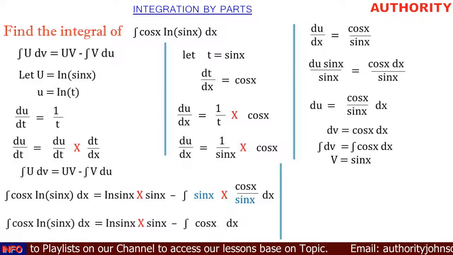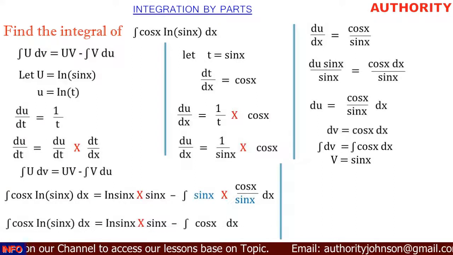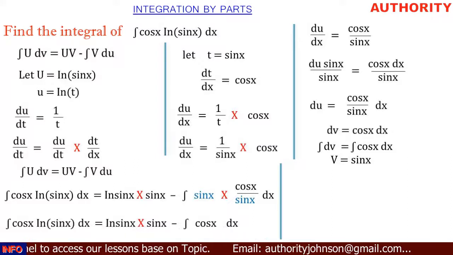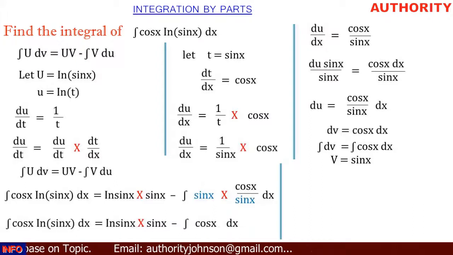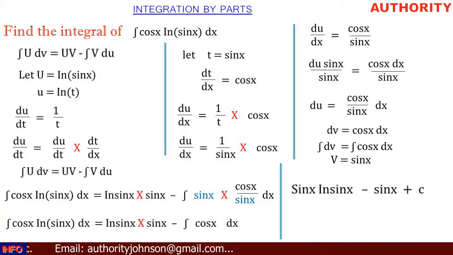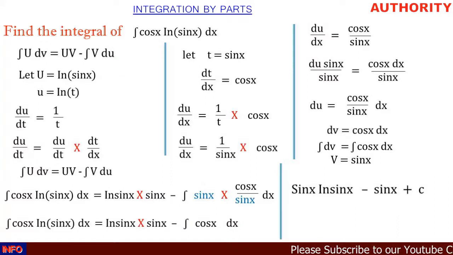So let's just find the integral of cos x. When we find the integral of cos x, it's going to give us sin x. Therefore, the integral of cos x ln sin x dx is equal to sin x ln sin x minus sin x. As we look closely, we discover that we have a term in common in the terms on the right hand side, which is sin x.